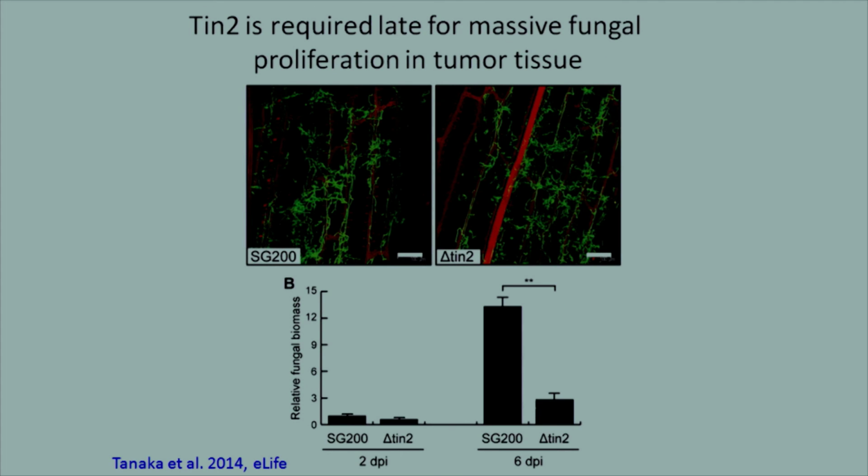What you can also visualize is that TIN2 mutants can colonize plants at the early stages, really to levels comparable to wild type. But if you look at later time points, there is a dramatic difference. So it's really late proliferation which is attenuated when this effector is missing.